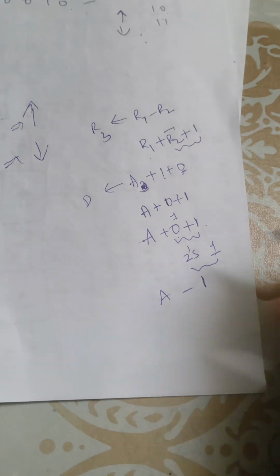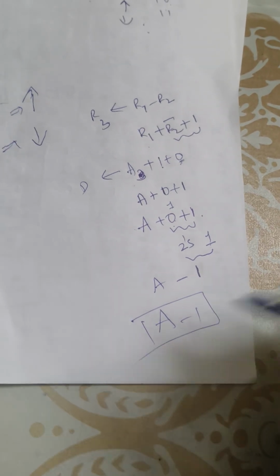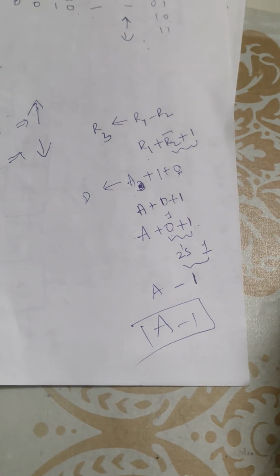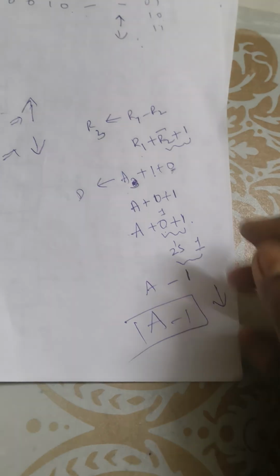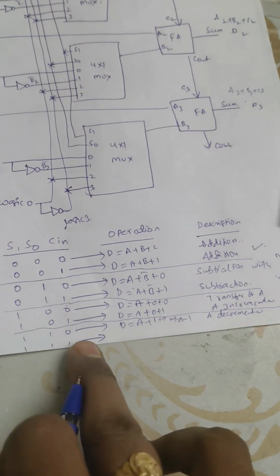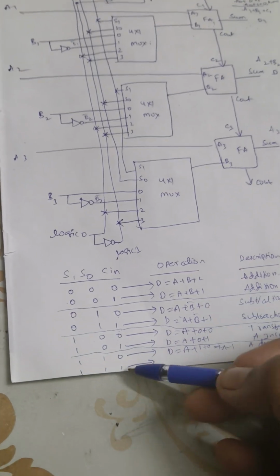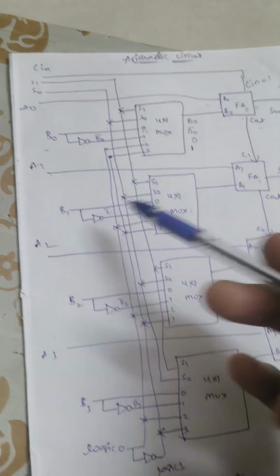So therefore here the register A information is A, and this operation is simply an A minus 1 operation. Nothing but A is decremented. So therefore we can say if the selection lines are 1 1 with carry 0, A is decremented. And similarly the final operation is 1 1 with carry 1. If it is 1 1, the third bit is selected.